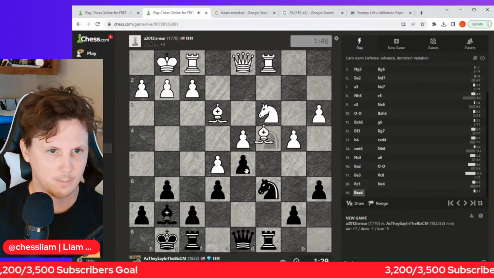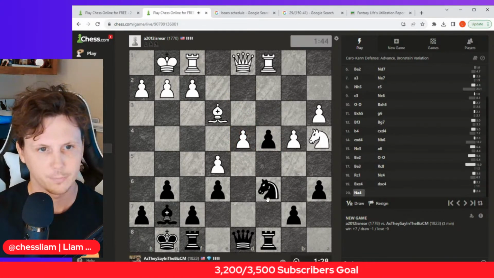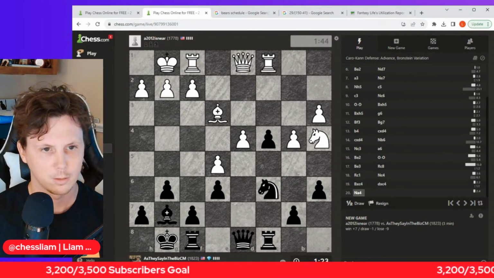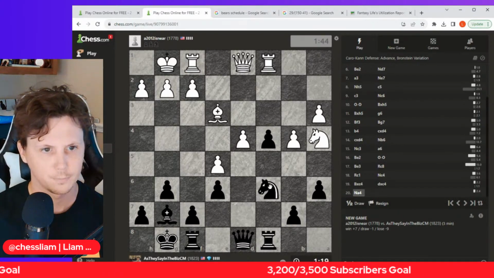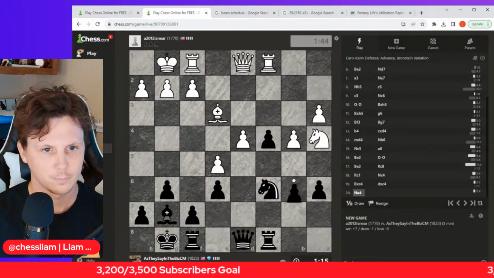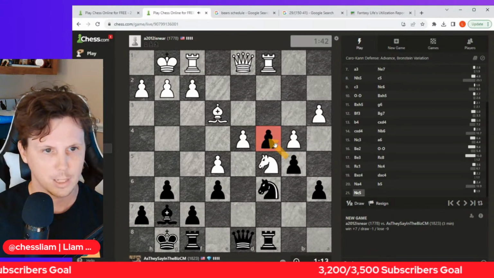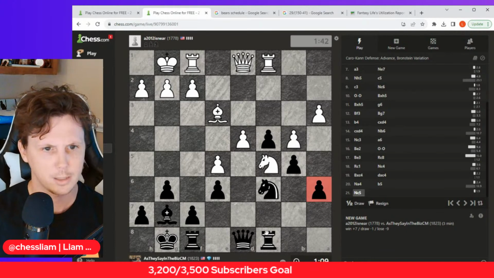If he wants to chomp, that's okay, because this is a weakness for him. Just add a defend here. He's hitting this.